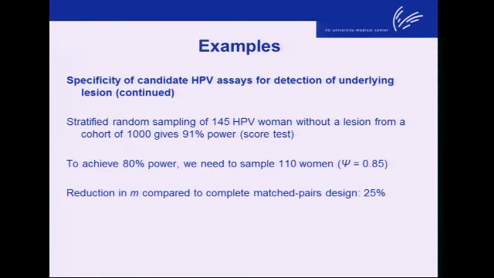Or we could choose to keep the power fixed at 80% and reduce the number of samples that need to be tested with the new test. So also in this case there's a reduction of 25% in the number of new tests that you need.